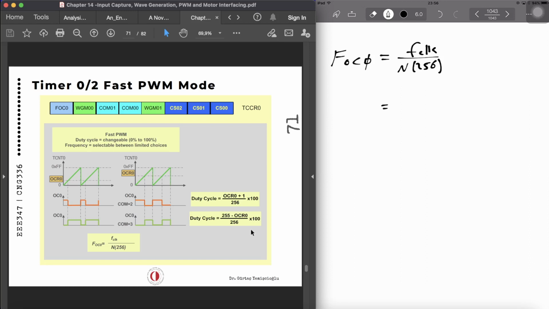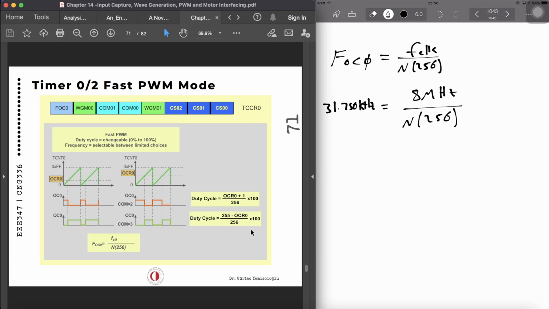At this point, F clock is 8 megahertz, divided by N times 256, and we know the frequency, which is 31.250 kilohertz.